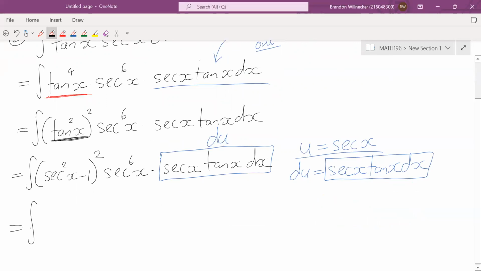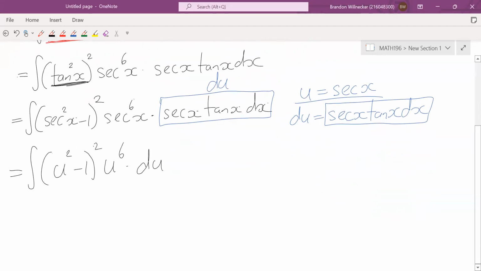So this is going to be the integral, u squared minus 1, all of that squared, u to the 6, and everything else there becomes du. Okay, so now we've got a pretty simple integral in terms of u to do. But we've got this u squared minus 1 all squared.